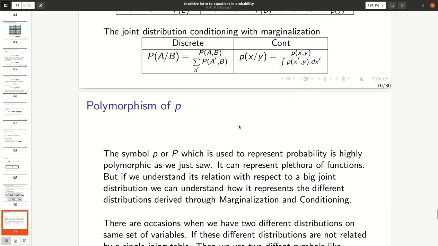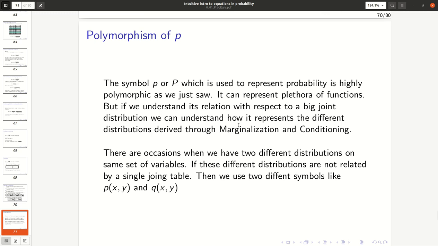One last thing is about the polymorphism of the symbol P, small p or capital P, which is used to represent probability. It is highly polymorphic, as we saw. It can represent the joint distribution, the marginalized distribution, the conditional distribution, and even in marginalization sometimes one variable gets eliminated, sometimes two variables get eliminated, and the same with conditioning.